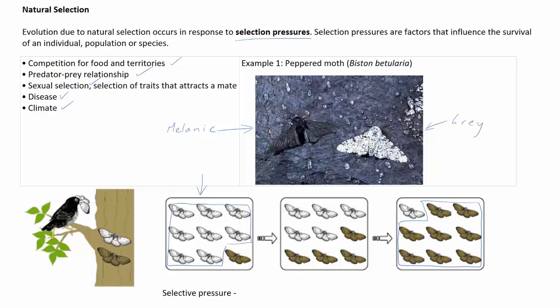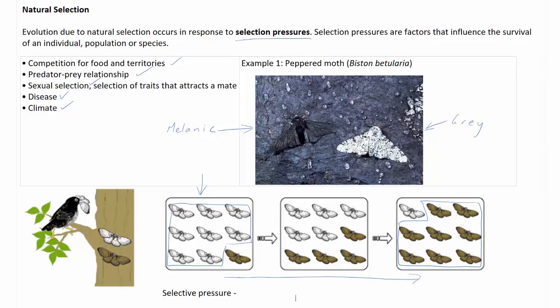So all of a sudden you had the melanic, darker coloured moth on a dark background, and it was much better camouflaged than the grey moth on a dark background, which stood out and therefore was more readily predated by birds. With more darker moths surviving, they're able to pass their genes on to the next generation, therefore increasing the frequency of darker colour moths in the population compared to the grey colour moths.